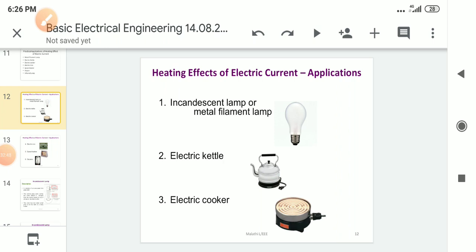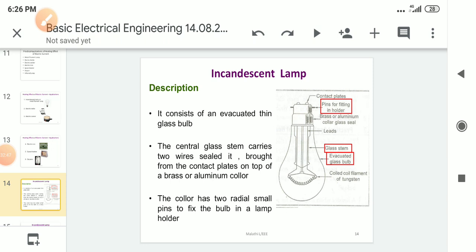Overall, this filament lamp consists of a glass bulb having a fine metallic wire known as the filament. It is made with tungsten, like that material. The glass bulb is filled with some inert gases such as argon. Why is this gas inert? To prevent oxidation of this filament.